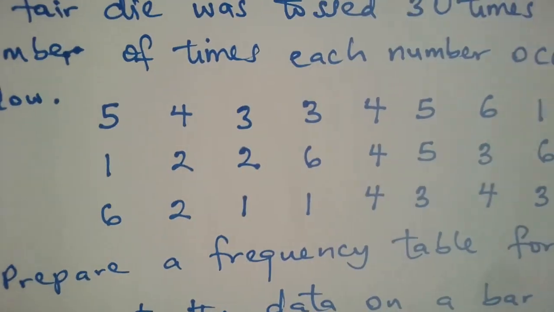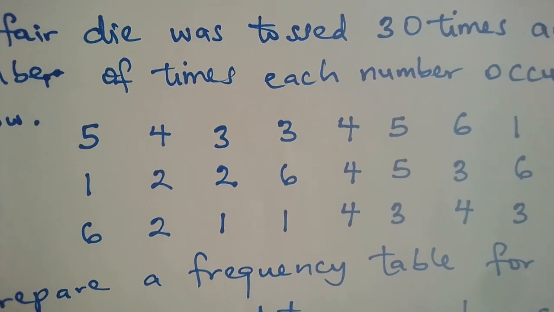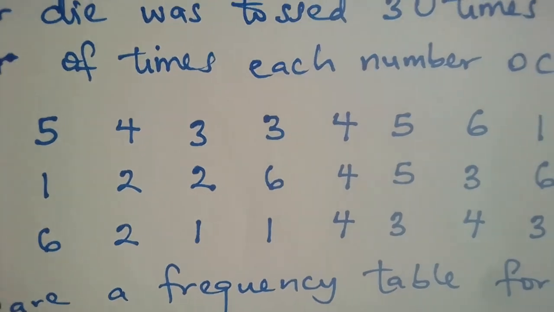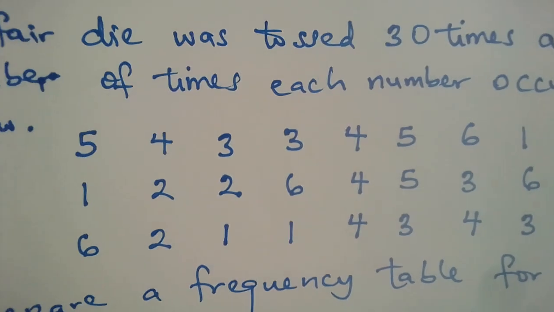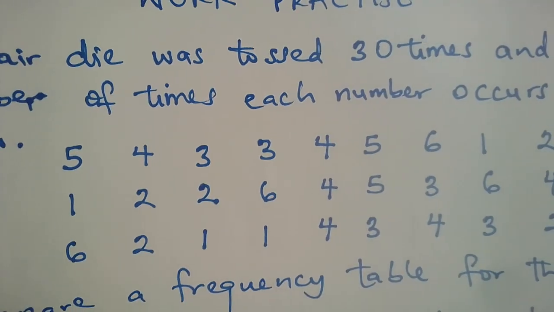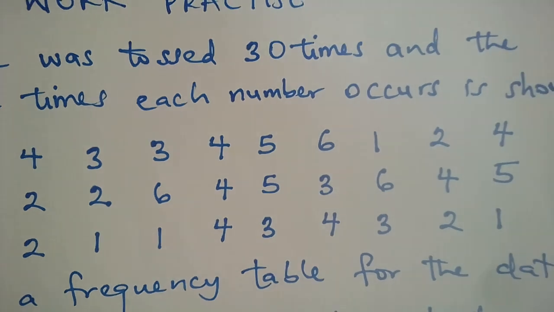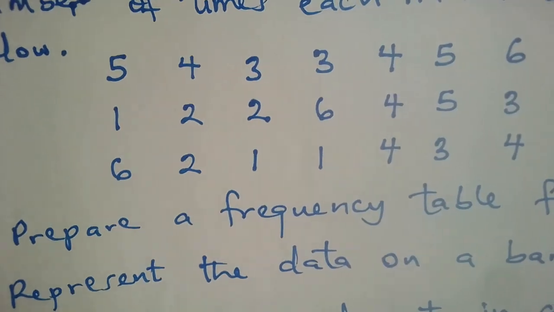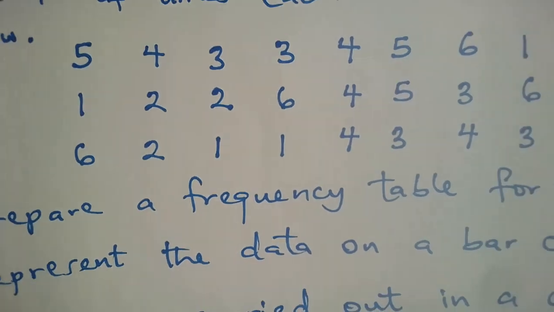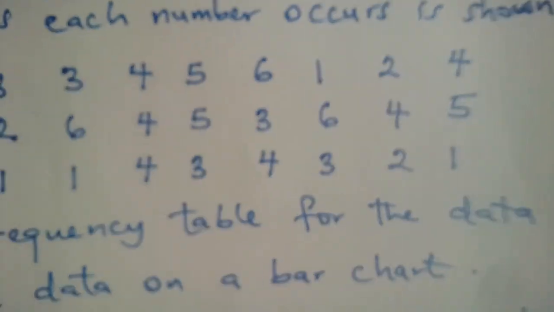So we have been given the numbers: 5, 4, 3, 3, 4, 5, 6, 1, 2, 4. 1, 2, 2, 6, 4, 5, 3, 6, 4, 5. We have 6, 2, 1, 1, 4, 3, 4, 3, 2, 1.